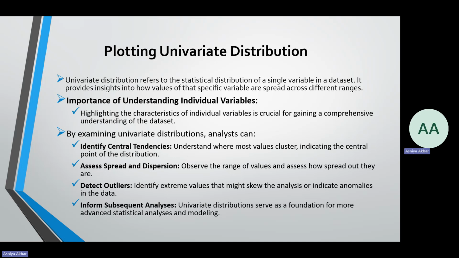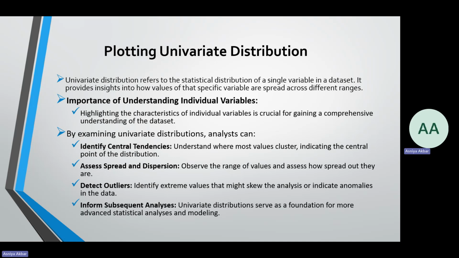Then there is detecting outliers. Outliers are extreme points in your data set, and they can significantly impact the analysis. Univariate distribution plots such as a box plot or histogram make it easier to identify outliers that may skew the analysis, or even identify anomalies in the data.